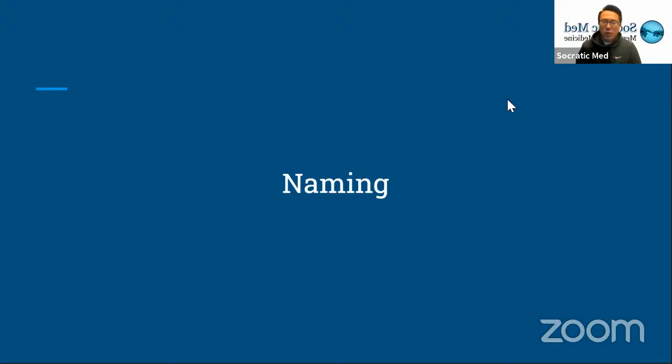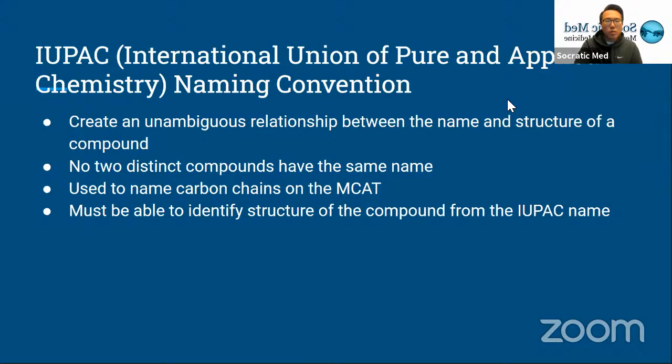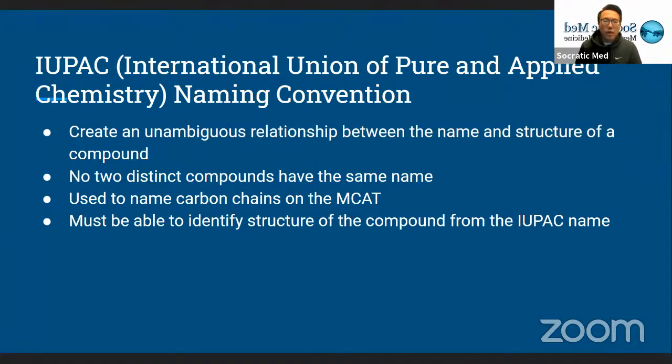So first thing, I'm going to go over naming. On the MCAT, they use the IUPAC naming system. It's called the International Union of Pure and Applied Chemistry. You don't need to remember that long name. Just know the IUPAC. Whenever they say IUPAC, this is what they mean.